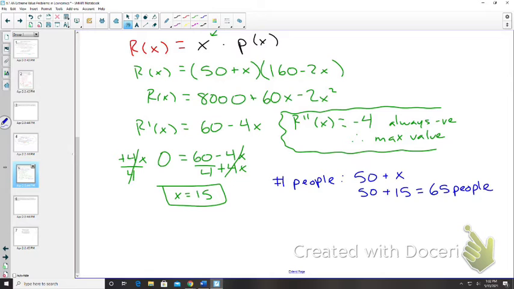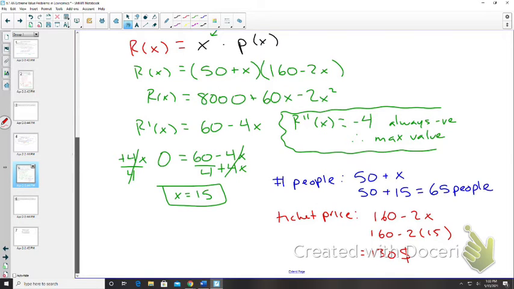What will be the ticket price? Well, the ticket price was 160 minus 2x. So 160 minus 2 times 15 is equal to 130. So that is going to be our ticket price.